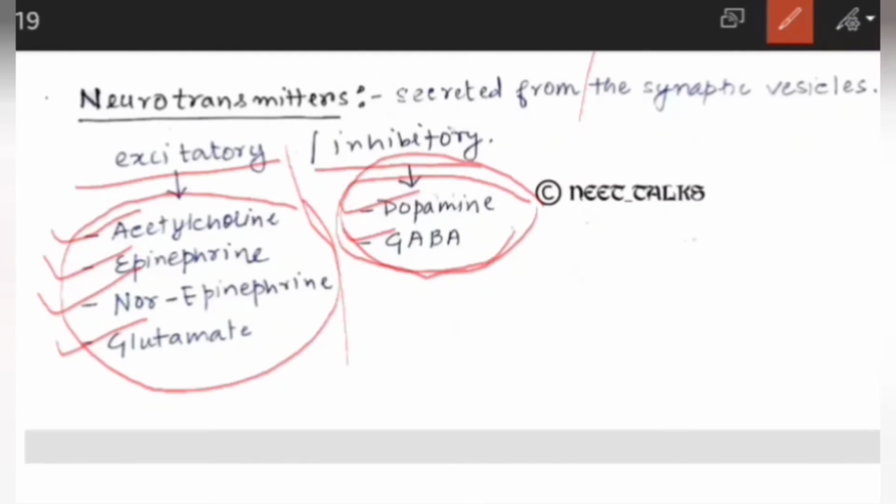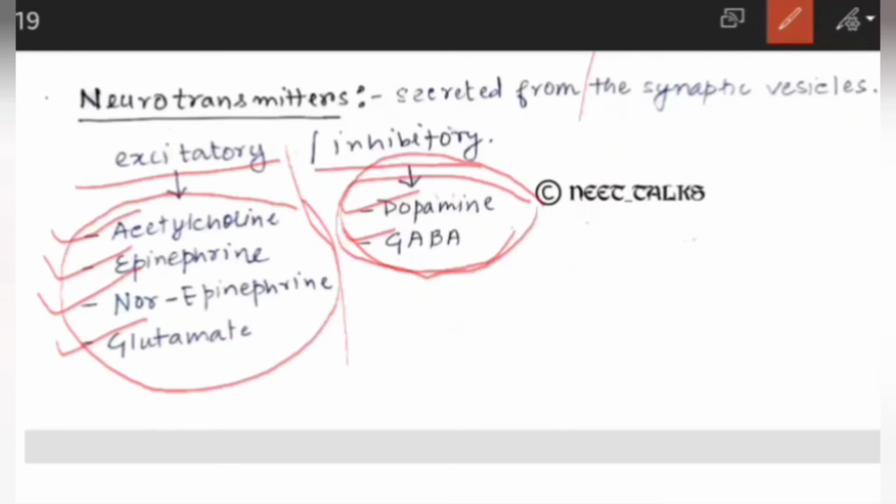Okay, now let me clear your confusion. I have made a confusion, right? So this acetylcholine, when it acts on the skeletal muscles, when it is secreted by the neuron that stimulates the skeletal muscles, what happens? It excites the skeletal muscles to contract. It sets the skeletal muscles into contraction. That is, it acts as the excitatory neurotransmitter in the skeletal muscle.